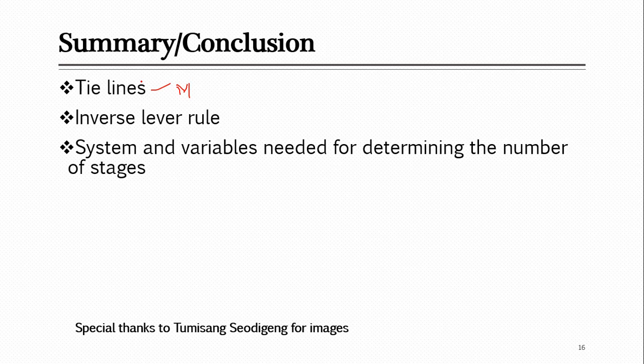Then we discussed the inverse lever rule for calculation of extract and raffinate, and after this we started with the preliminary system introduction about the number of stages, the method which we are going to use, and the system we have to adopt for calculating the number of stages, that is the ternary diagram, and in this we need some specific number of variables which we have discussed.